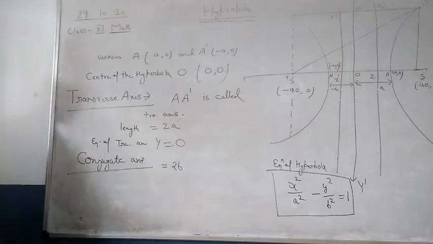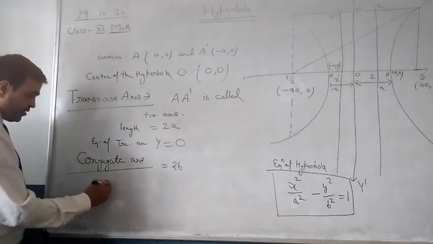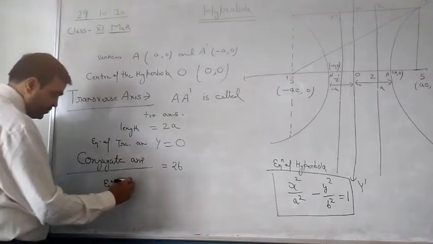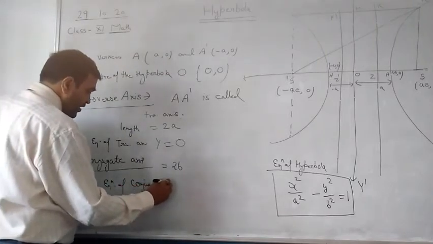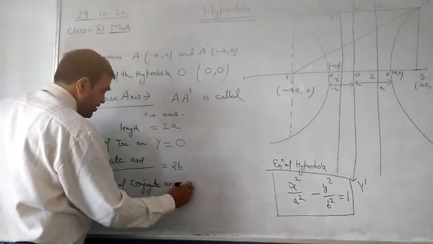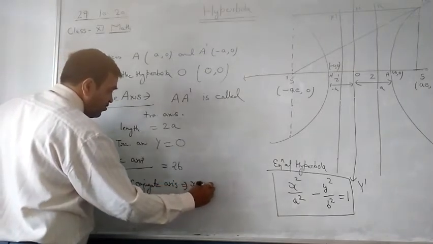The equation of the conjugate axis is x equals 0.